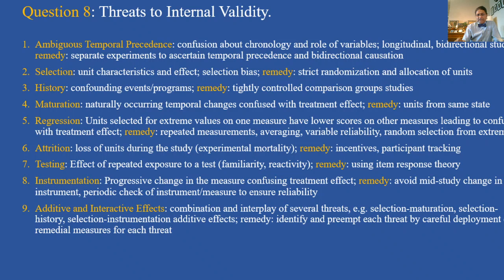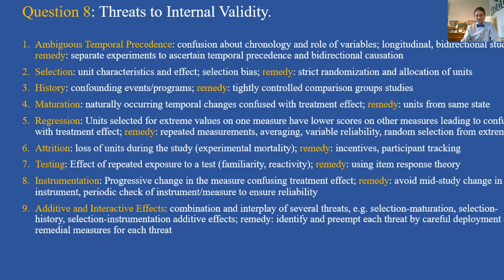It is usually seen in repeated measures or longitudinal studies when the instrument or the measures that are used may naturally change or change due to repeated use. So the solution is to avoid any change in instrument during the study, which rarely happens. But the most practical solution would be to keep repeatedly checking the instrument or the measure to ensure that it is reliable at different times and reliably measuring what needs to be measured.